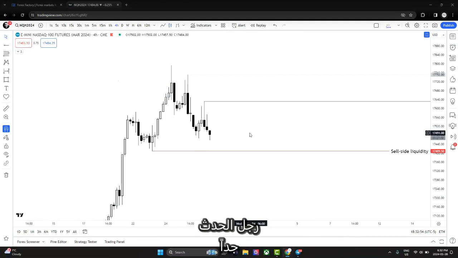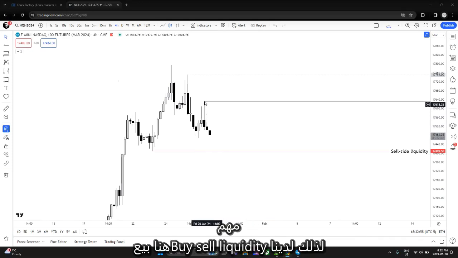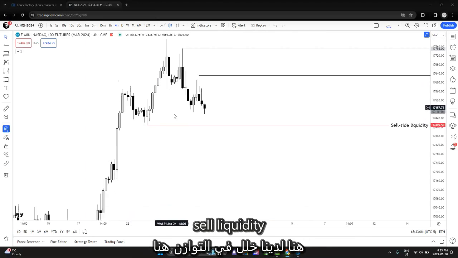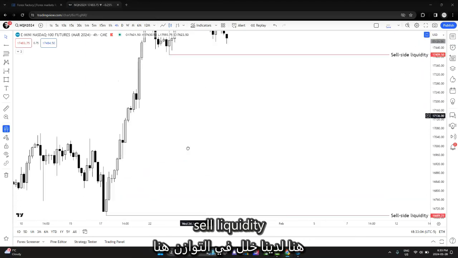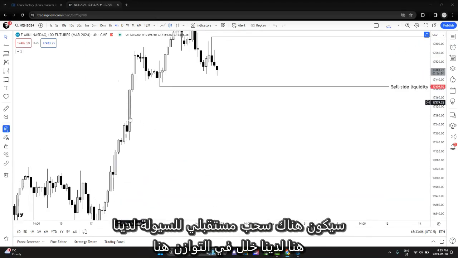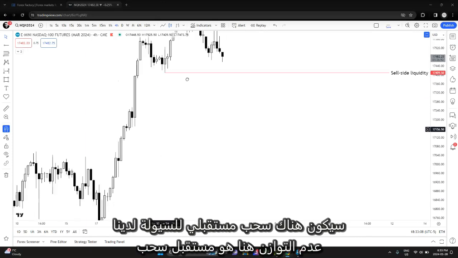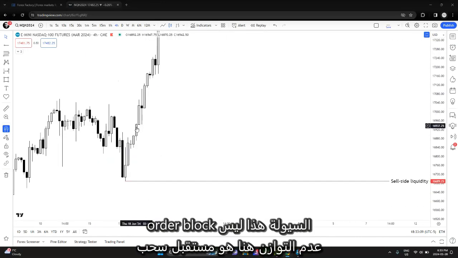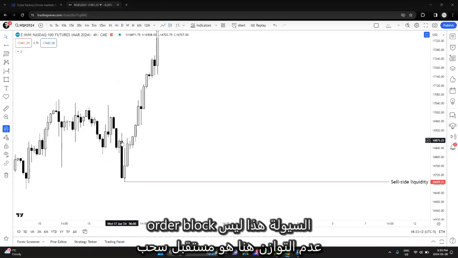Very important. So we have buy side liquidity here, sell side liquidity here. We have an imbalance right here. It will be a future drawn liquidity. We have an imbalance right here, future drawn liquidity. This is not an order block, right?